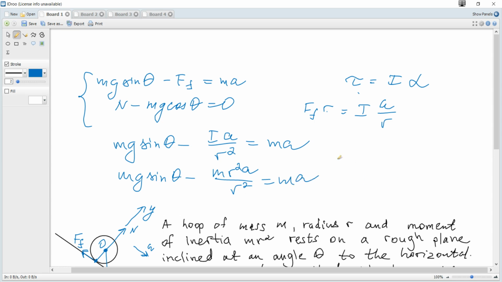You can see that mg sine of theta is equal to ma plus this ma, so 2ma. The m cancels, and a is g sine of theta over 2, as required.